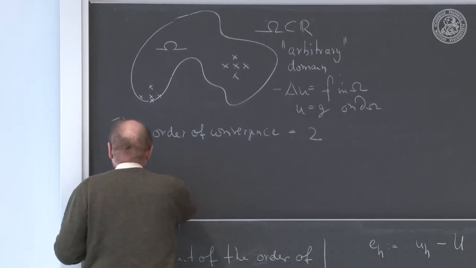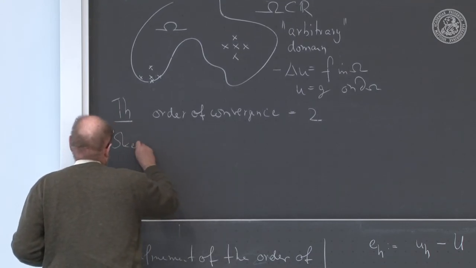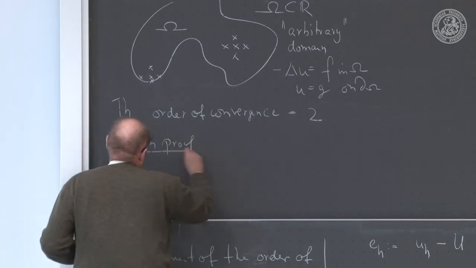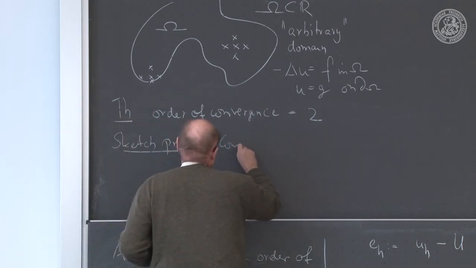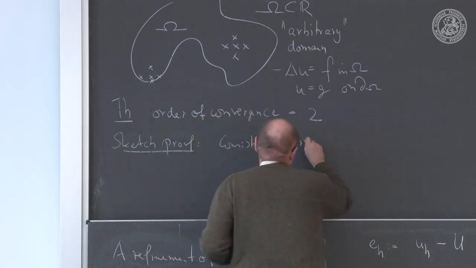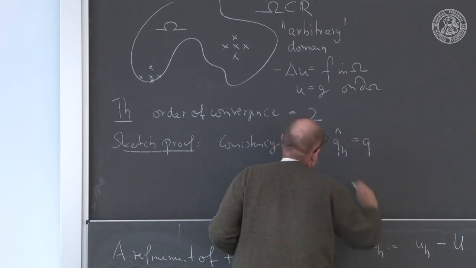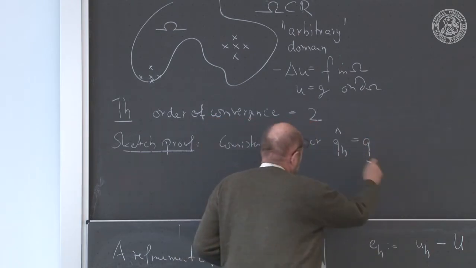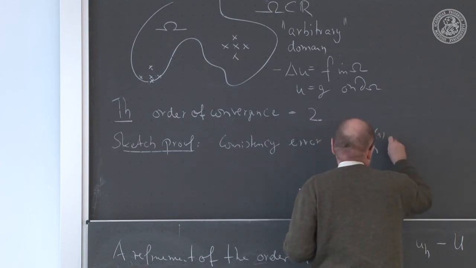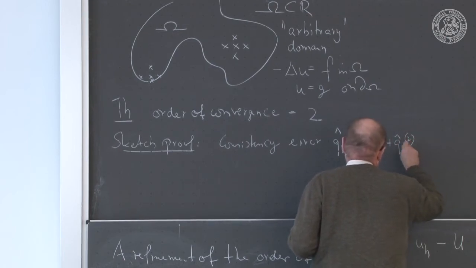We have again our consistency error. This is a very brief sketch of the proof. You have our consistency error, the thing which I denoted by QH hat, and we subdivide this into two parts, QH hat 1 and QH hat 2.